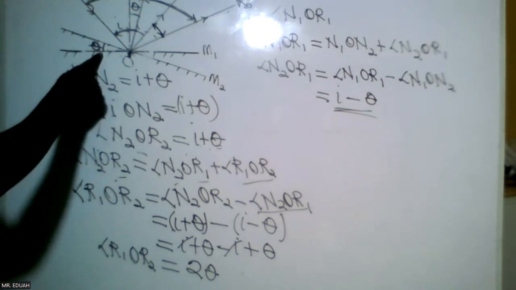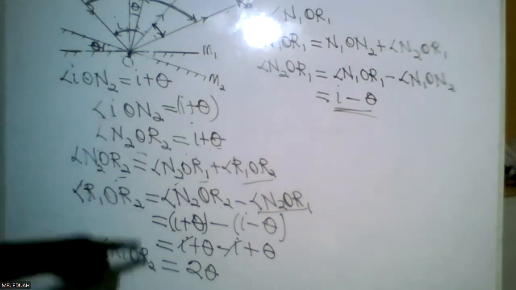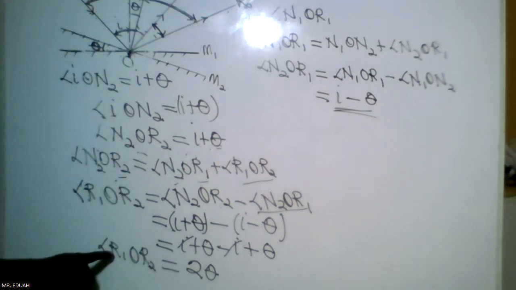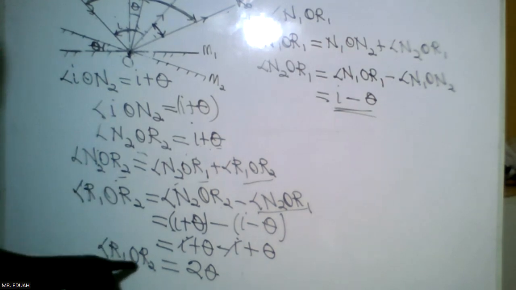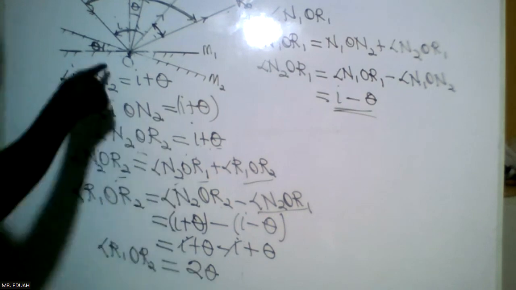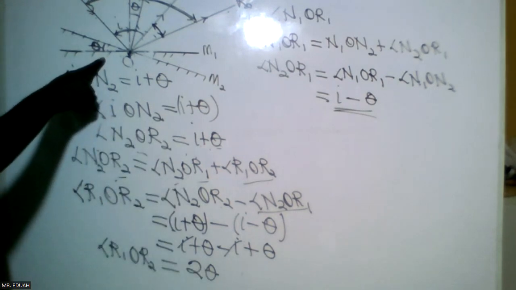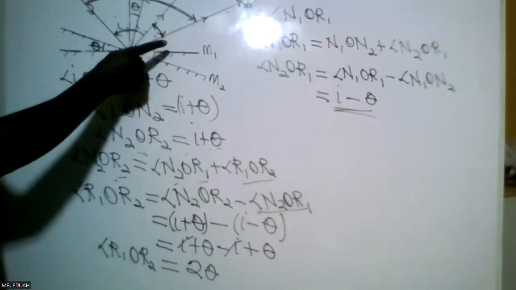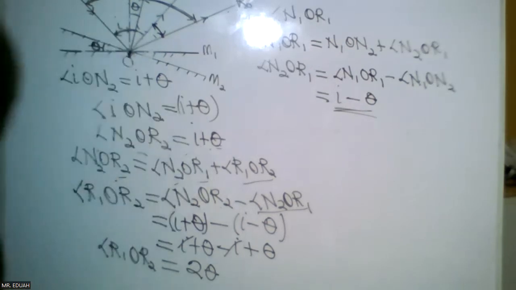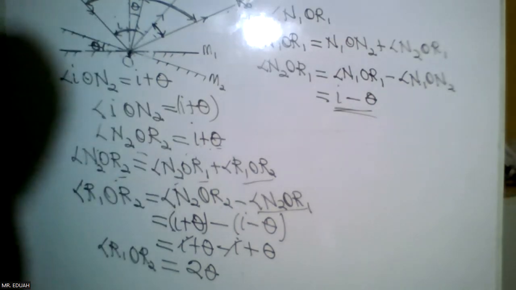Theta is the angle of rotation. And we have come to the conclusion that the angle between the reflected rays is twice the angle of rotation. Meaning, if you rotate a mirror by an angle x degrees, the angle between the two reflected rays is also 2 times x. That's the whole concept we are testing.